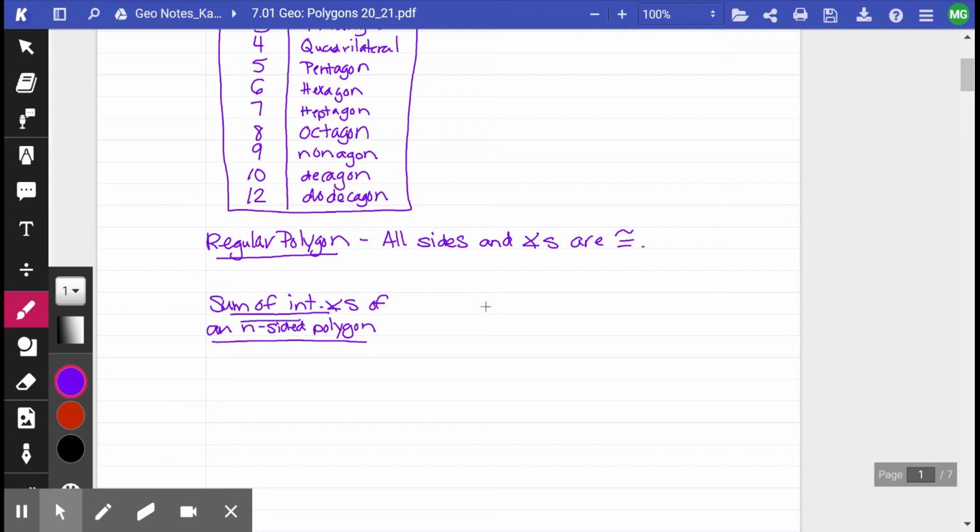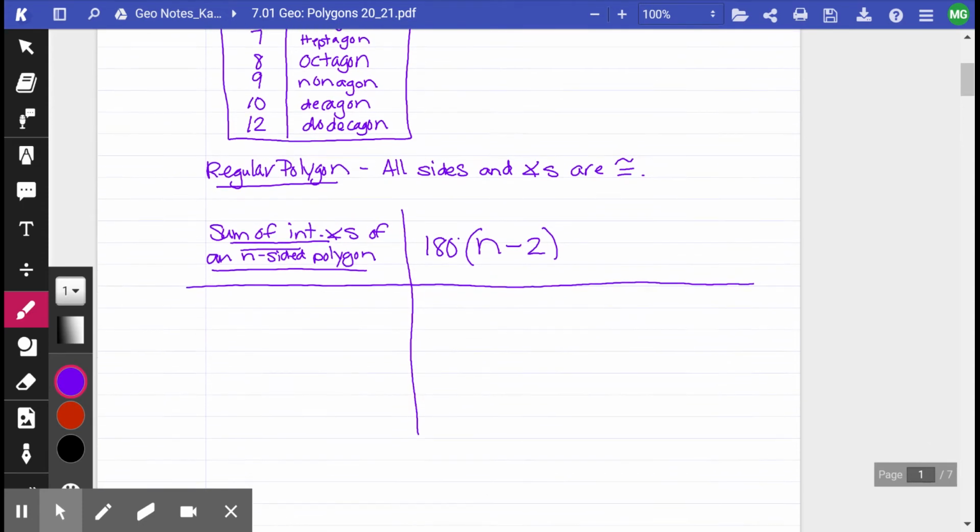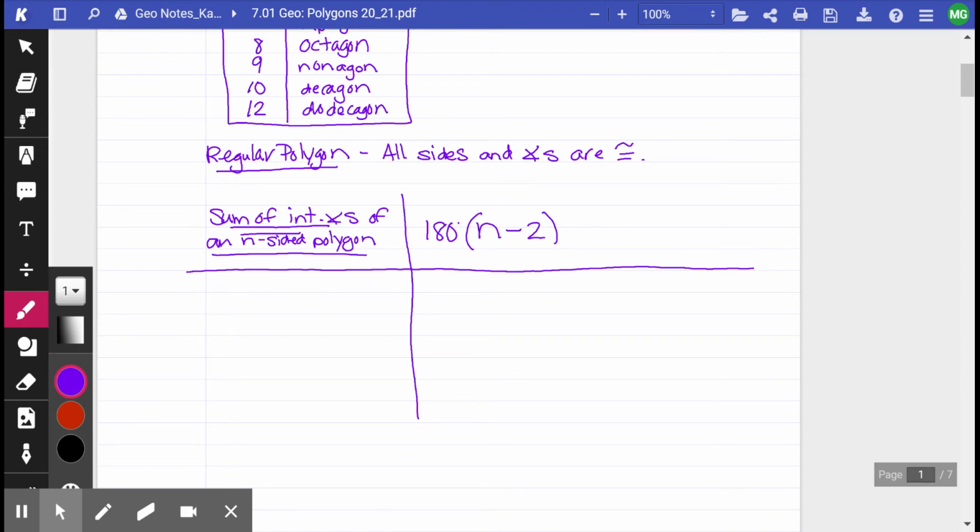And to find that, you're going to take however many sides it has, subtract 2, and multiply that by 180 degrees. So really what you're doing when you find the sum of the interior angles is you're looking for how many triangles you can actually make from that polygon and multiplying it by 180, which you can always make 2 less than the number of sides.